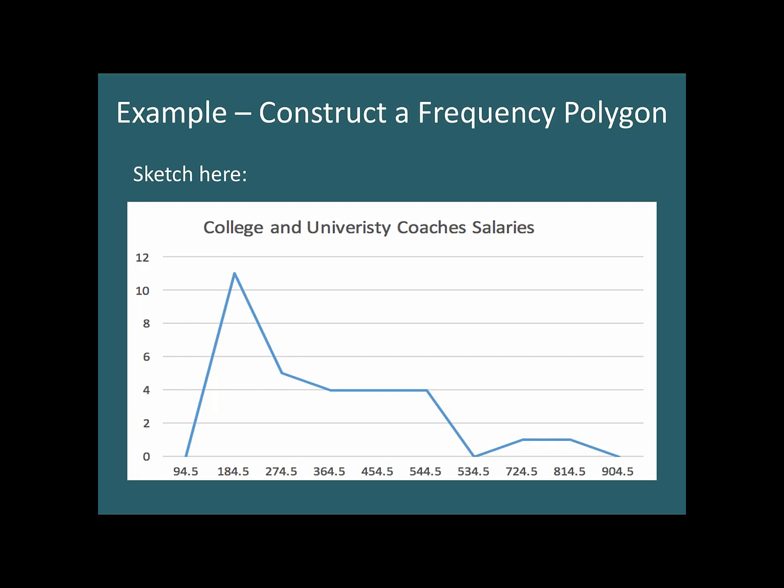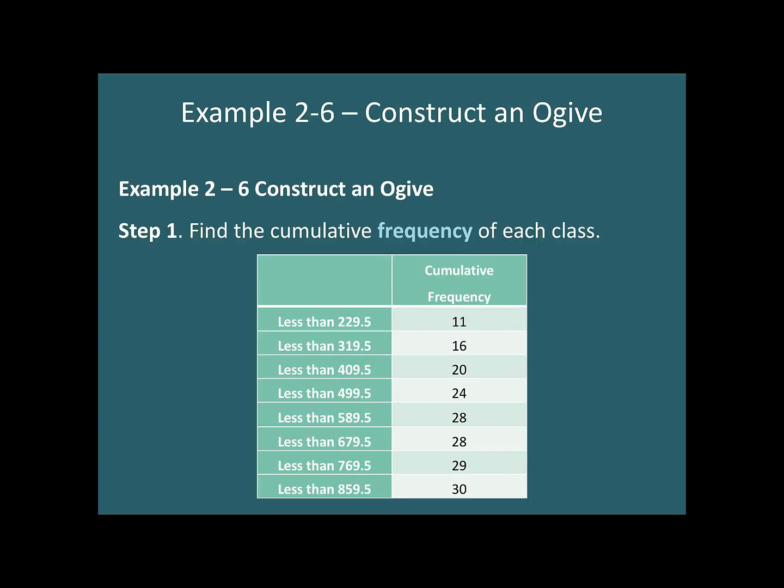Here's a bit better view of the frequency polygon generated by a computer. Let's go ahead and move on to an ogive. And that's going to use the cumulative frequency, where you'll notice that each frequency grows larger and larger as we progress from class to class.